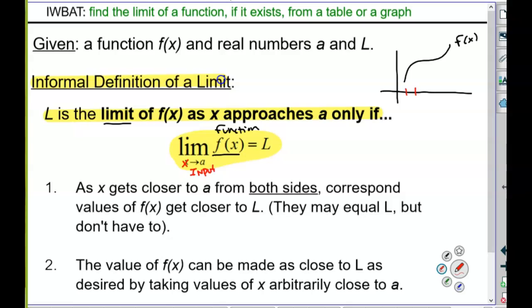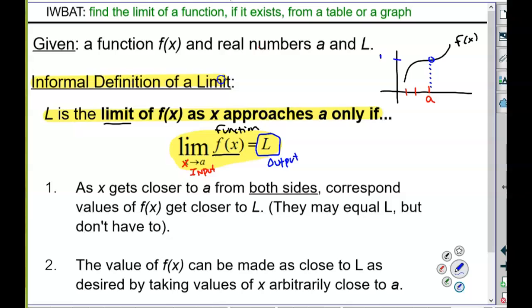So what happens as I approach the letter A? Now A is a number, right? A is a real number. So what happens if I approach A on the function itself? Where are we headed? Well, we're headed towards an output. Right? So if I go over A and up, we have a location.